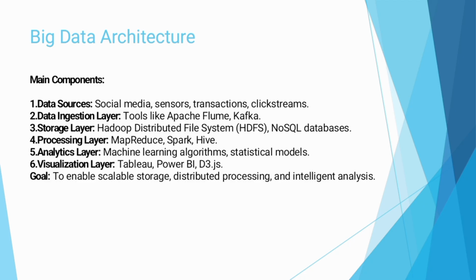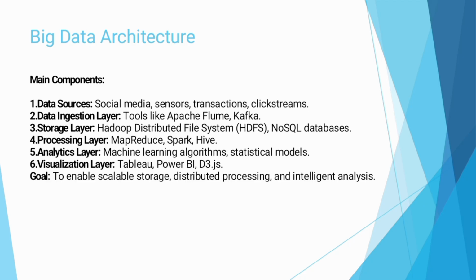Third is the storage layer. The data is stored in HDFS, which means Hadoop Distributed File System, or NoSQL databases. Fourth is the processing layer. Here technologies like MapReduce and Apache Spark perform distributed computation. Fifth is the analytics layer.